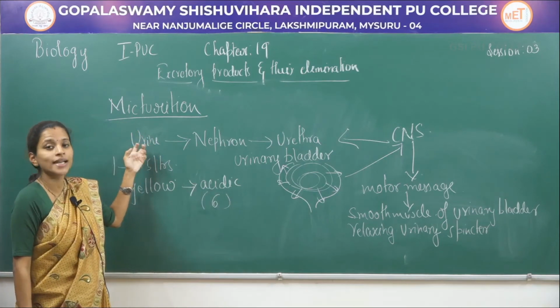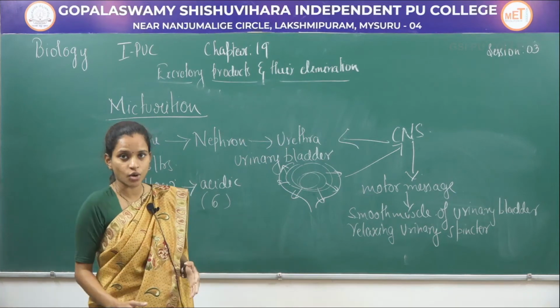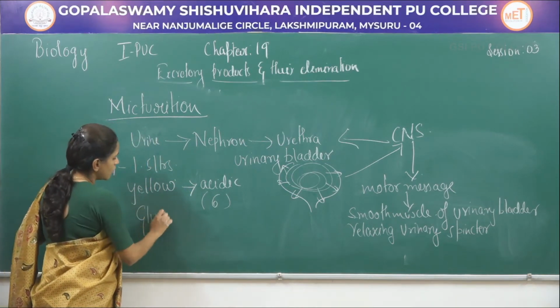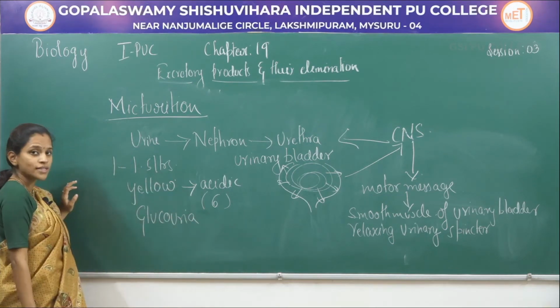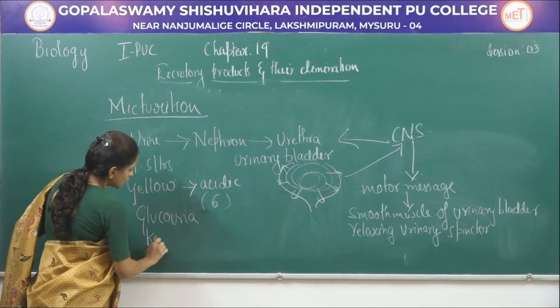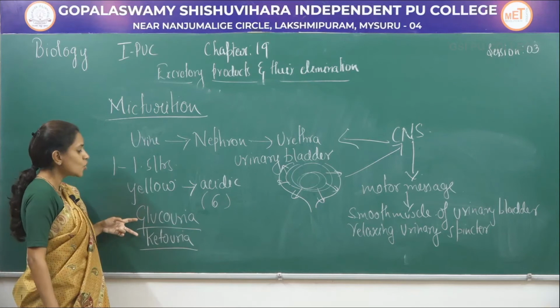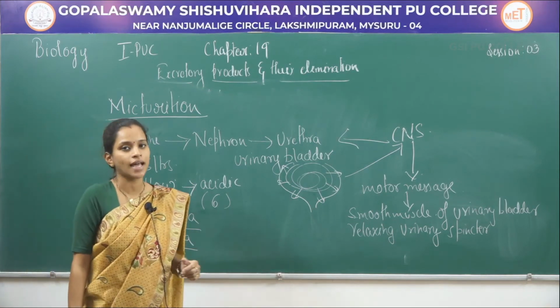Urine can also be used in identifying some metabolic disorders like presence of glucose in the urine, which we call glucosuria, or presence of keto bodies in the urine, which is called ketonuria. These two metabolic disorders can be identified in a patient who is having diabetes.